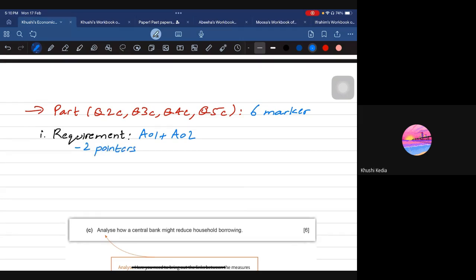So 2 pointers, including the factors, you call it the reasons, you call it the method, plus analysis of each.